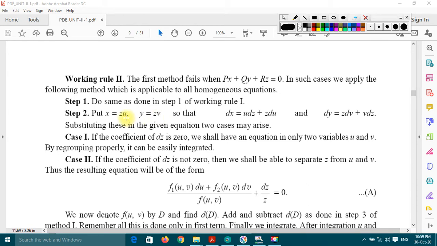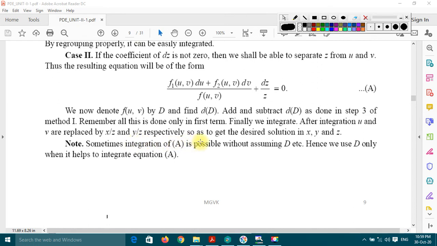So you put u is equal to x upon z and v is equal to y upon z in the solution. Then you get the required solution of the given differential equation in x, y and z. Sometimes integration of equation A is possible without assuming D. Hence we use capital D only when it helps to integrate equation A. Keep this in mind.